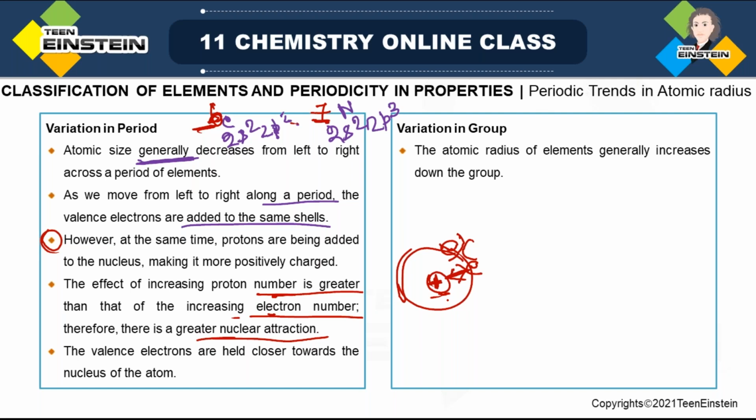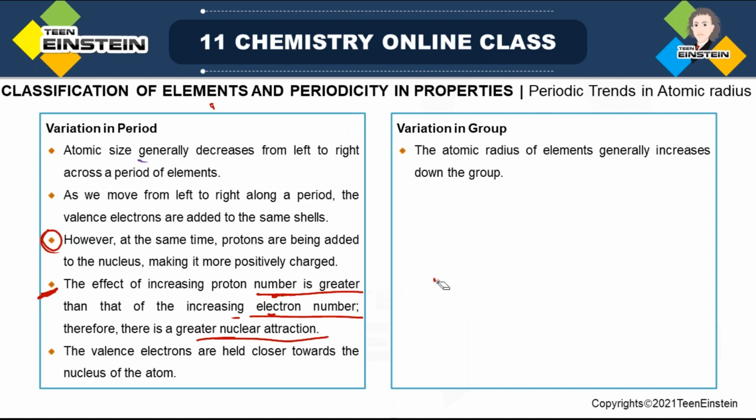Both have opposite consequences, but the second factor, the increase in number of protons, will predominate. That is mentioned here, that the effect of increasing proton number is more important. So what is the overall net effect? The net effect is that atomic size decreases from left hand side to right hand side. That is mentioned in the first point.